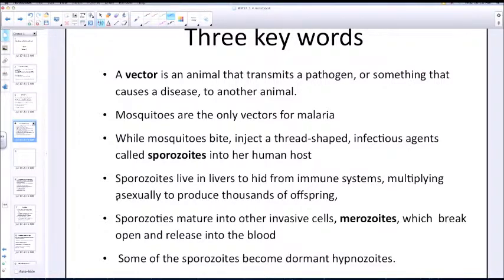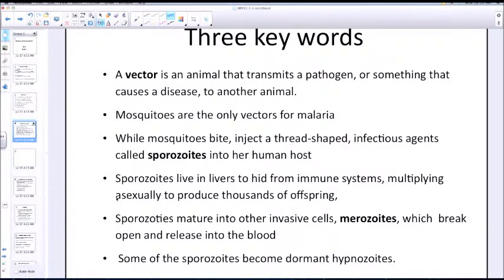Another keyword is sporozoite. When a mosquito bites, it injects a thread-shaped infectious agent, which is called a sporozoite, into the human host.